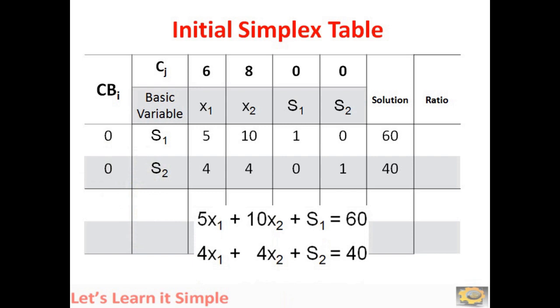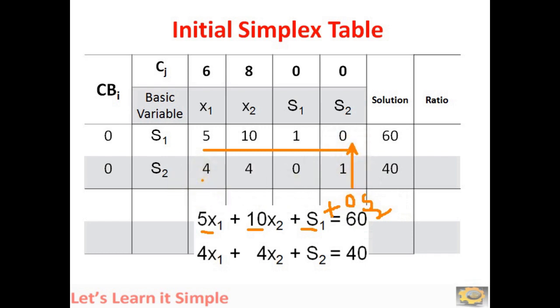So the first row says 5, 10, 1, 0, taken as 5 for x1, 10 for x2, 1 for s1. There is no s2 here, which means 0 for s2. So that is what is mentioned here.